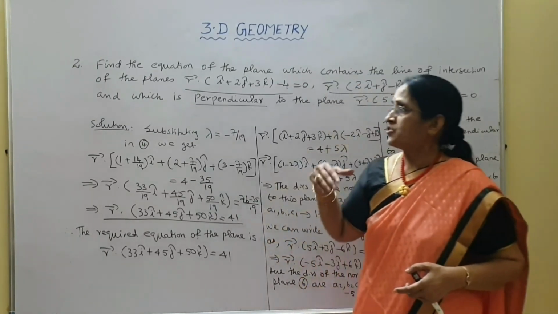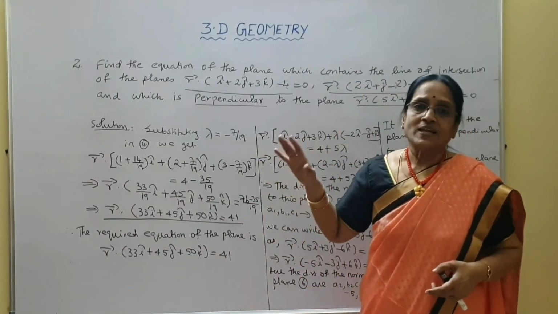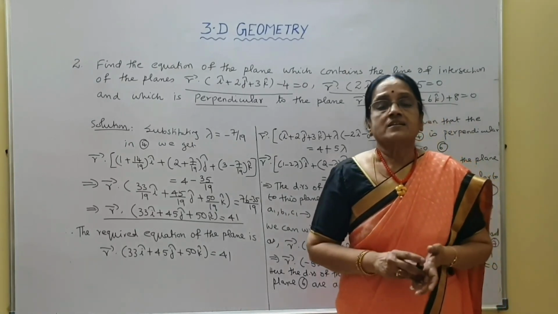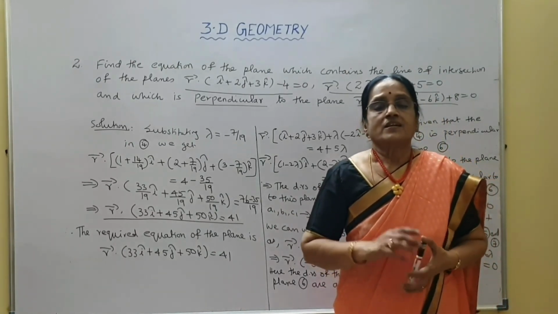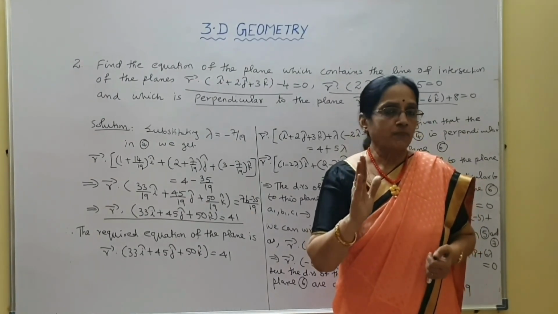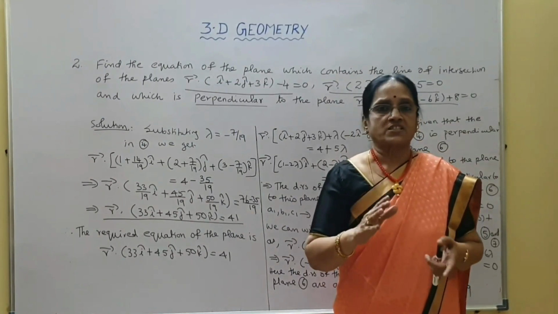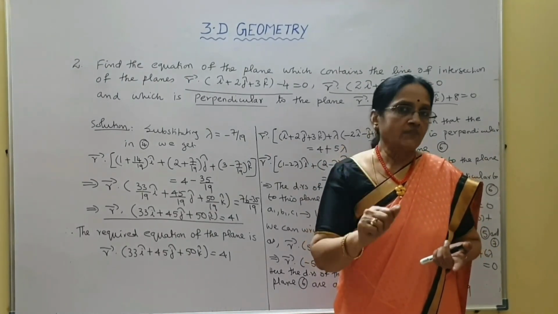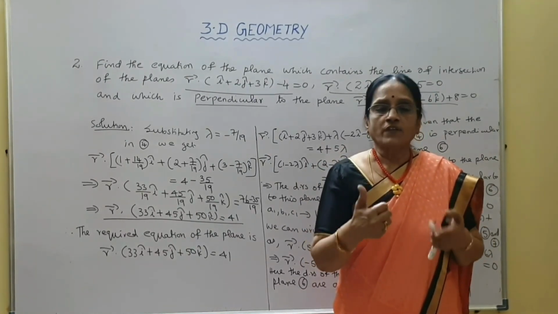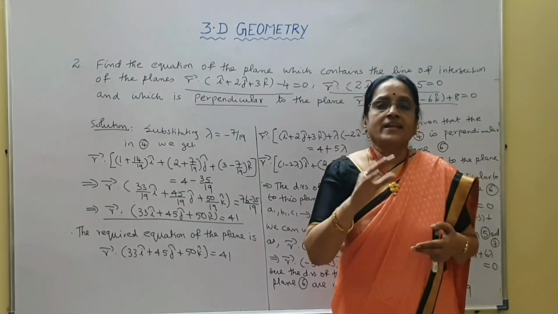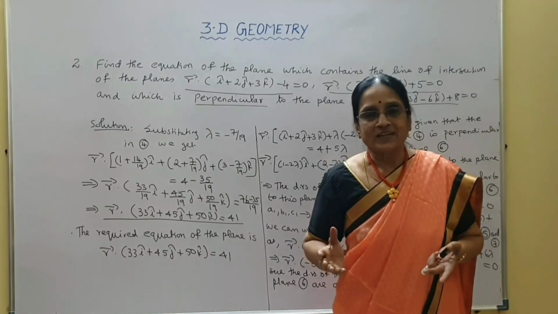We did both in vector form as well as in Cartesian form. I may be taking some more sessions to work out questions based on the equation of the plane passing through the line of intersection of two planes, so that you all will feel very comfortable and confident to face the question when it is asked in the board examination.